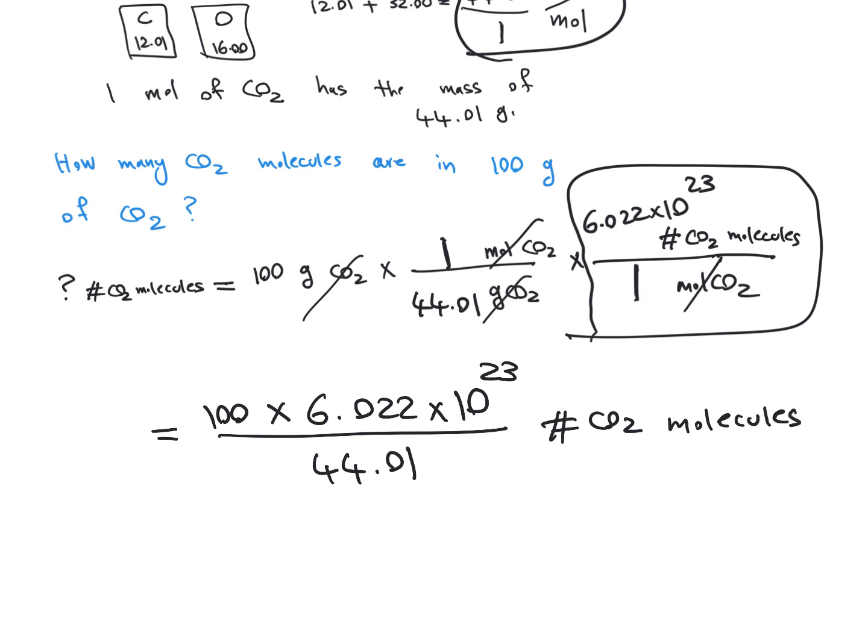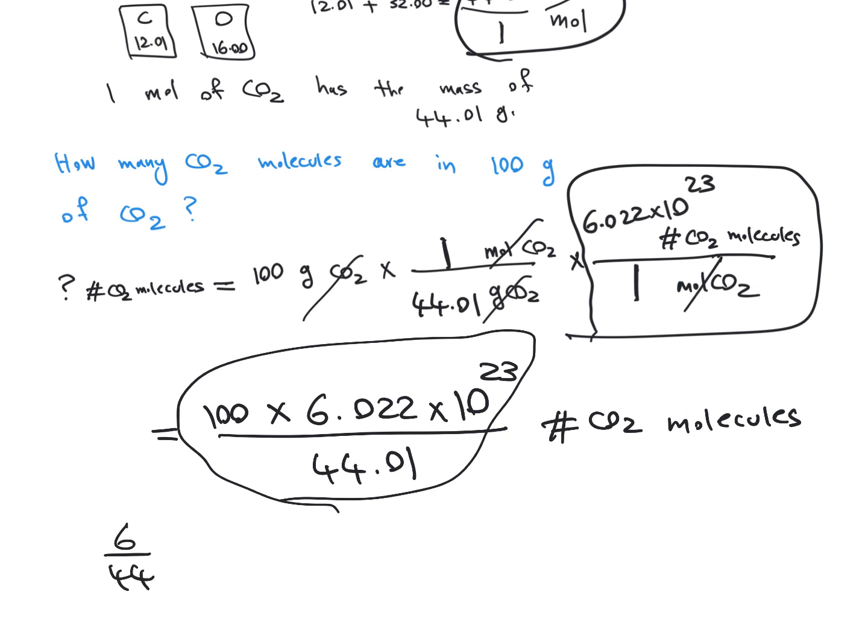Okay, and you put this number in the calculator and find the answer. But if you just want to see the range, this is almost 6 divided by 44 multiplied by 10 to the power of 25, and if it was 5 divided by 50, it would be 0.1, like 1 over 10.